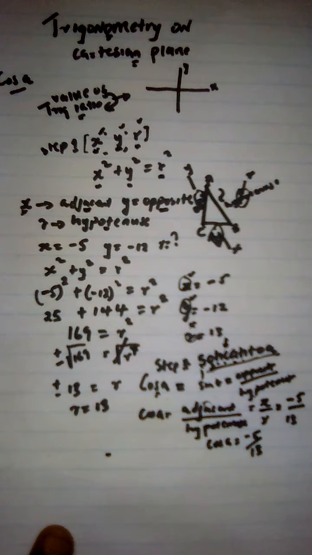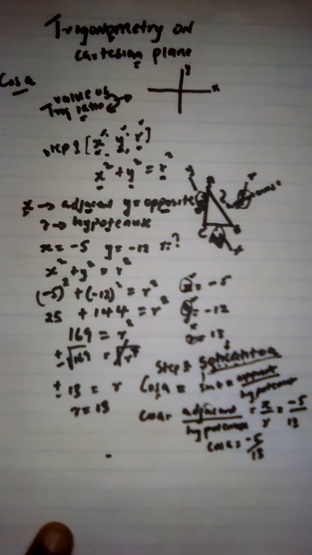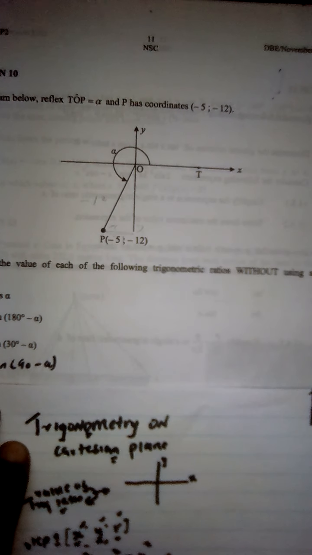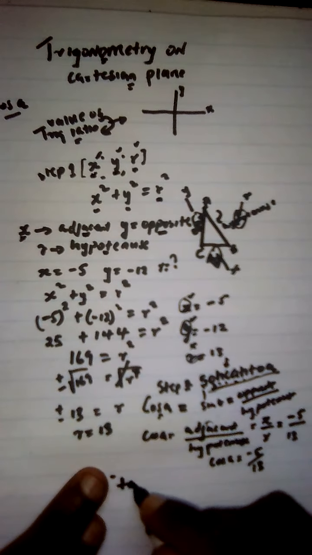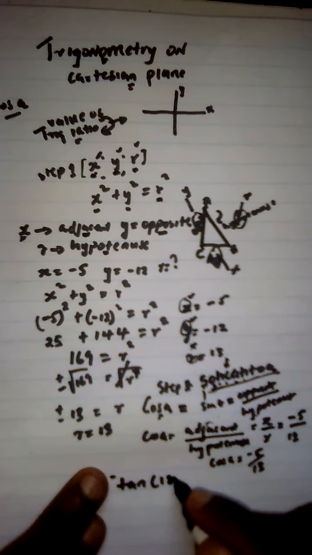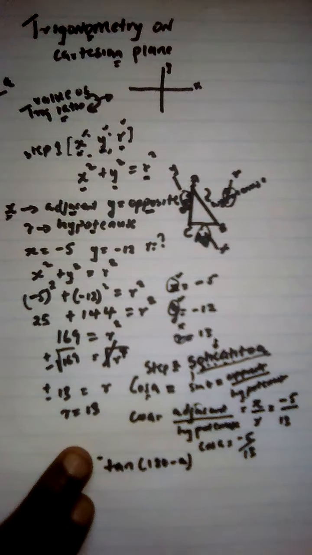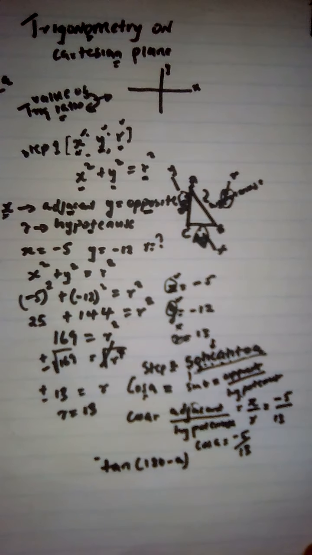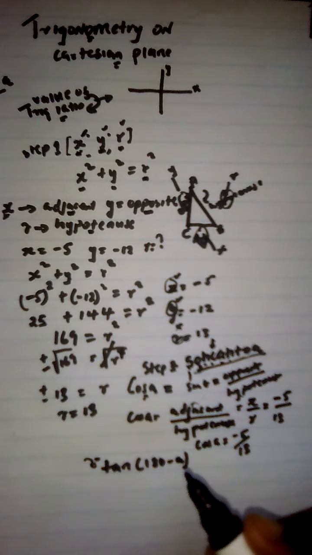Let's answer the second question. The second question was saying tan 180 minus alpha. Tan 180 minus alpha. This is the concept of reduction formula.